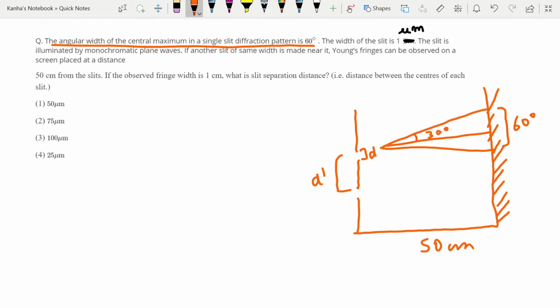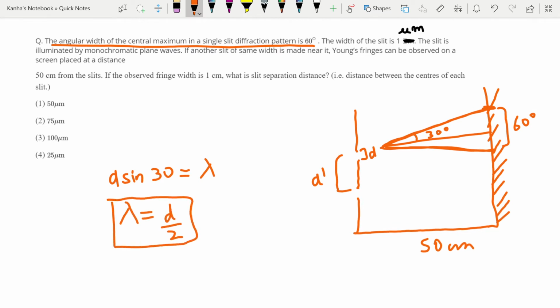So for diffraction you have d sine 30 is equal to lambda, where n is equal to 1. This is the first minima. So at this point the first minima will occur because your central maxima is ending there. Now this implies that lambda can be written as d by 2. So I'll just first note this down.